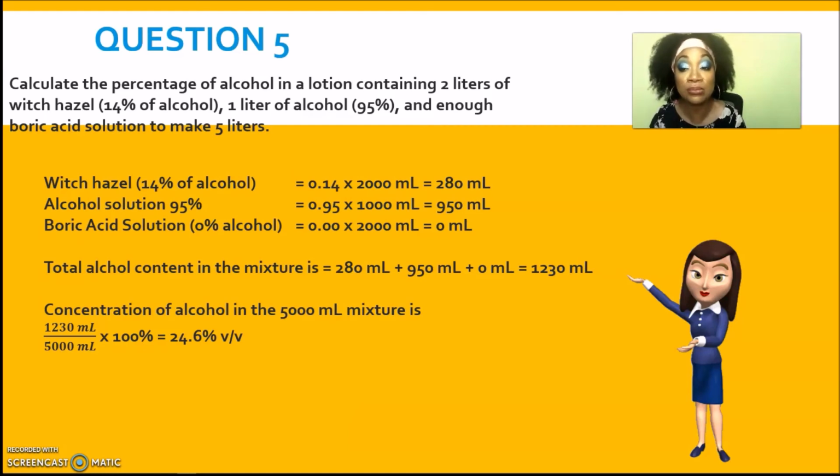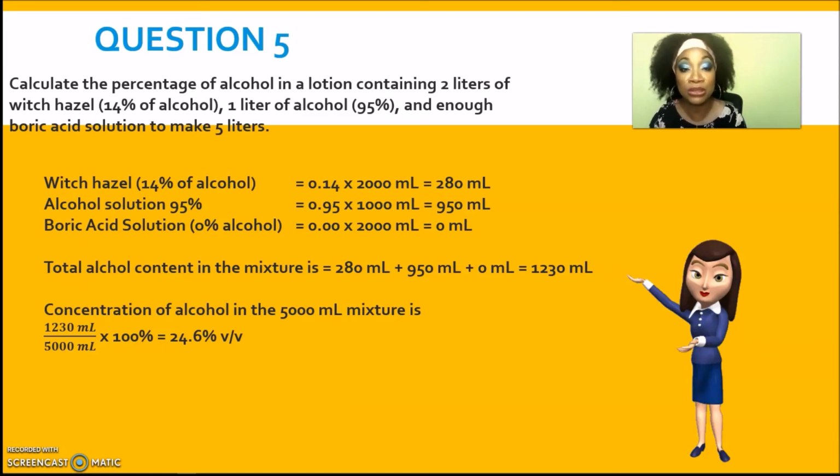And of course, boric acid solution is also in the mixture. But again, is boric acid speaking directly to alcohol? No, it's not. It has boric acid in there, yes, for sure, but it has no alcohol. The question didn't say that it did. So we assume that boric acid solution will contain no alcohol, so it is contributing 0% alcohol.